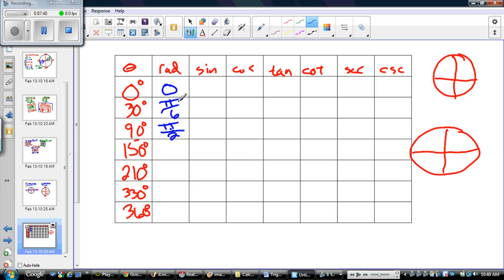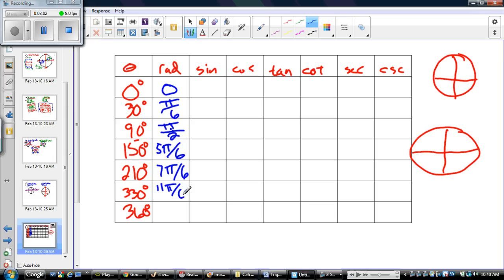Now, 30 is pi over 6. 150, that's 5 of those, so that's 5 times this, which gives me 5 pi over 6. 210 is 7 30s, so that's going to be 7 pi over 6. 330 is 11 of those, so that's going to be 11 pi over 6.